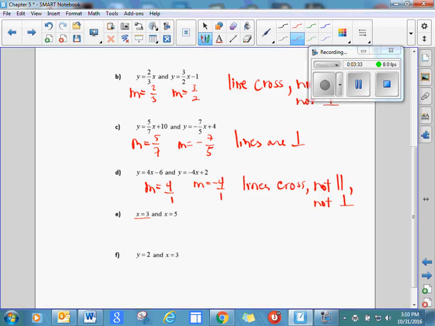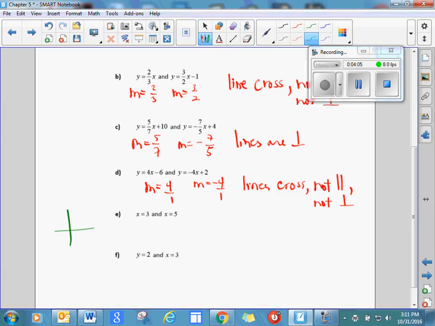This is an interesting one. If you think about it, what are their slopes? If you want to think about this in y equals mx plus b form, you get a slope of 0. Y is equal to 0x plus 3. That's not right. Erase. Let's look at it.